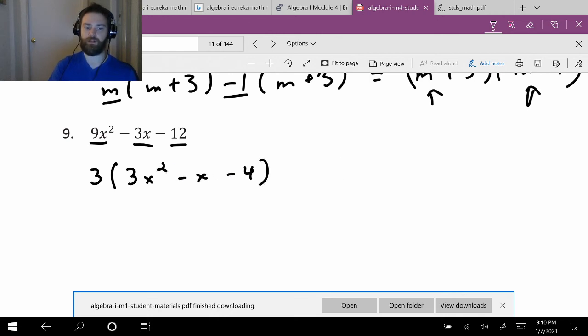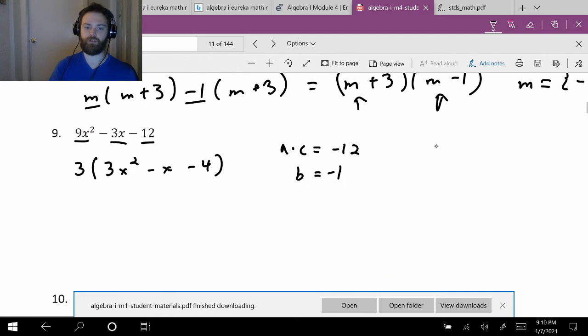And that makes it much easier because my a times c is -12, my b is -1, and I've factored 12 before, so I'm kind of seeing that, right, plus minus 4 and minus plus 3 are what I need to look at. We've got a -1 contribution here, so I know 4 and -3 add to be 1, and that -4 plus 3 is -1.